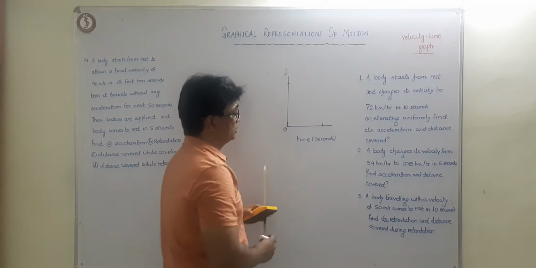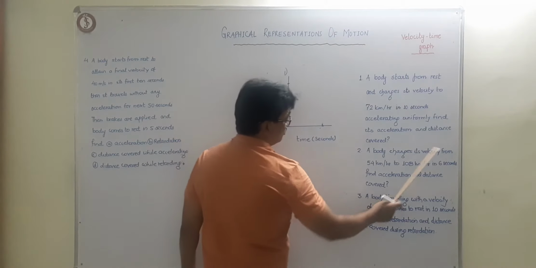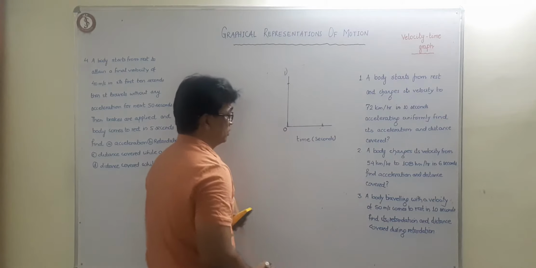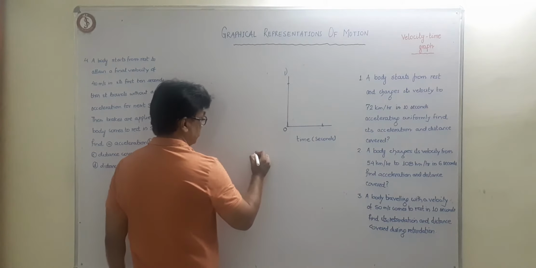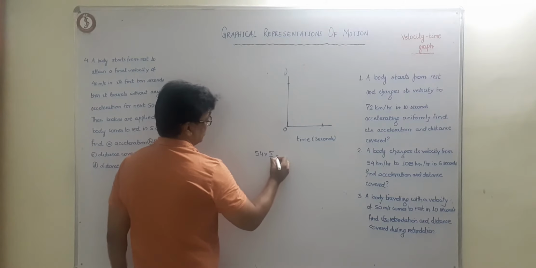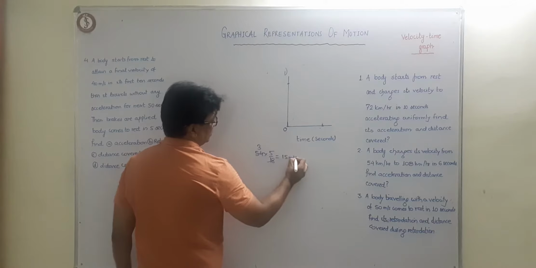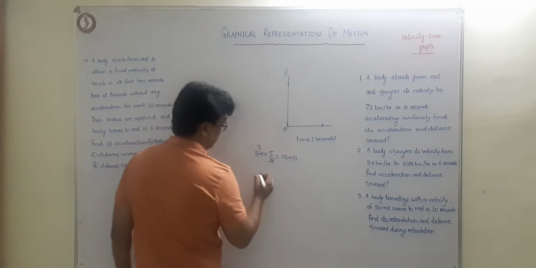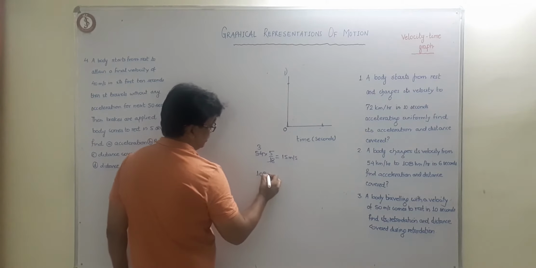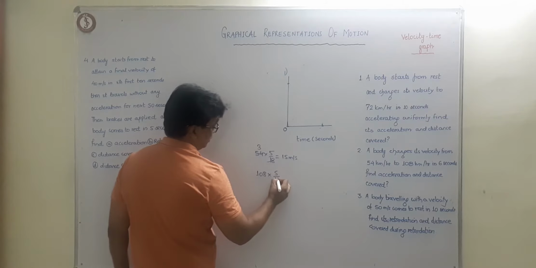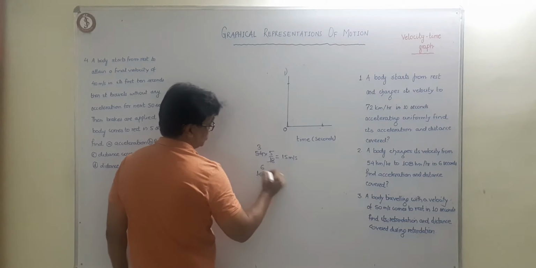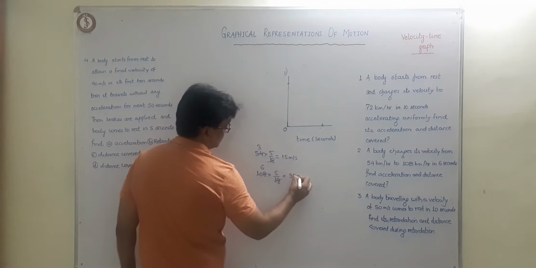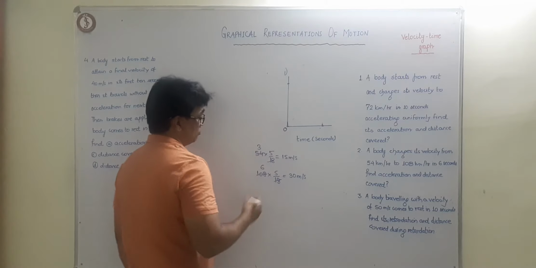Now it is telling a body changes its velocity from 54 kilometer per hour, which is 54 into 5 by 18, that is 15 meter per second, to 108 kilometer per hour, which is 30 meter per second. So now we have to plot this on a graph.